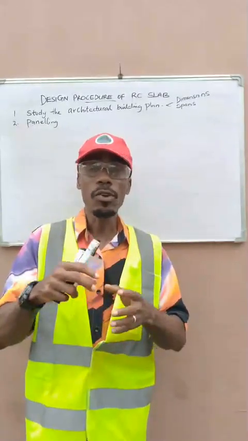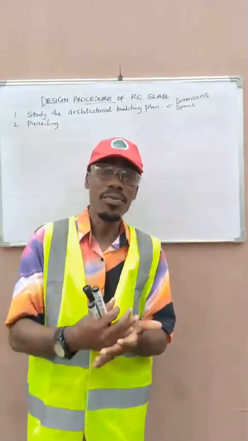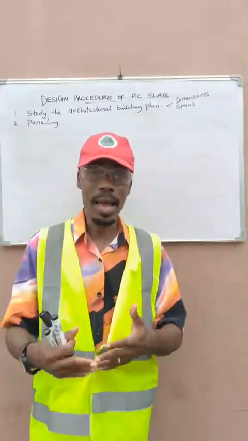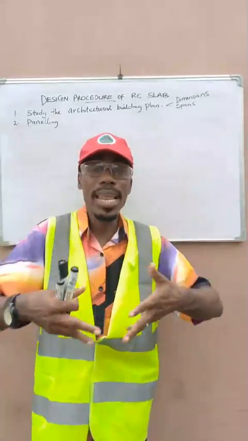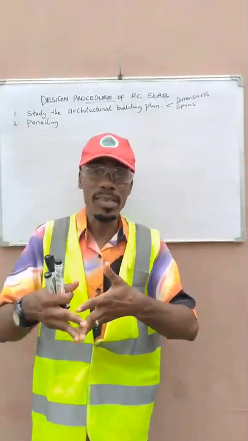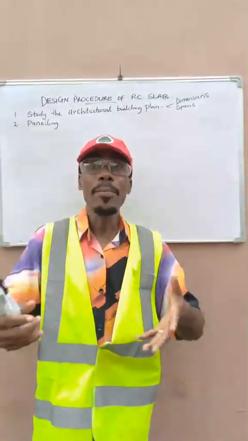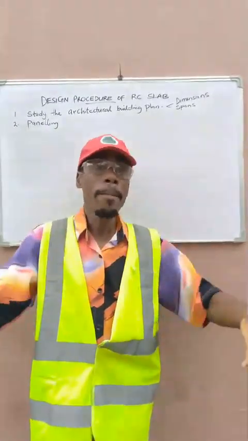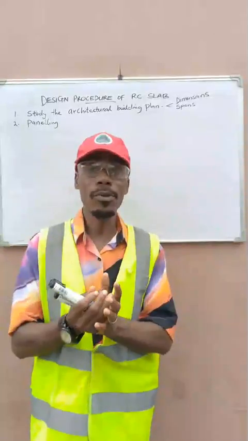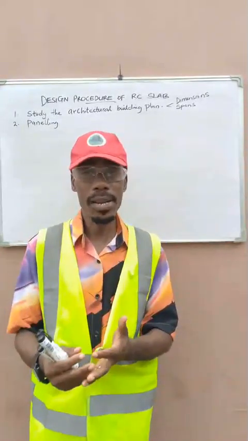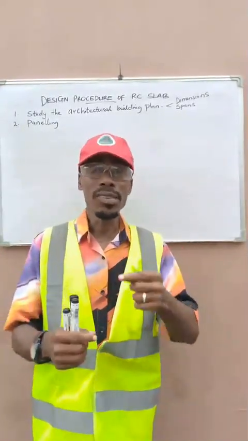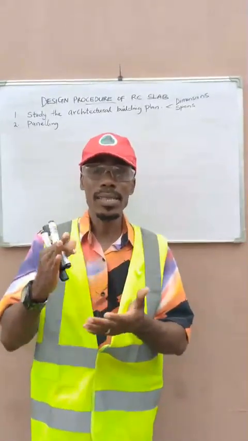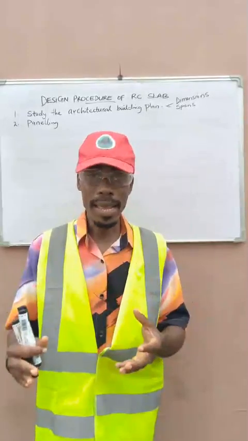Designing each of those units will enable you to provide reinforcement for each of them. Then when you want to detail that slab, you bring together all those sub-units into one, meaning you bring together the individual reinforcement provided for each of those panels in one slab unit and detail appropriately. So before you design, you have to segment the slab into panels.